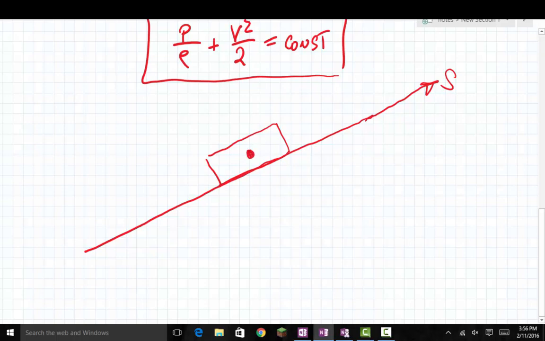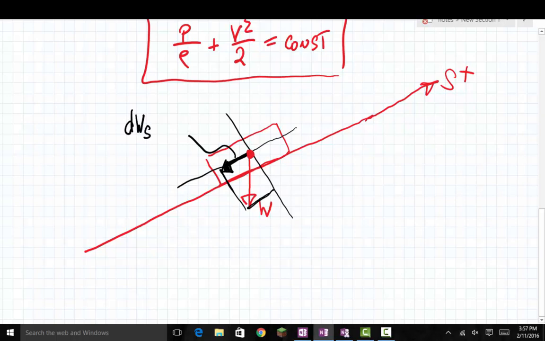If I had a box of a particular weight, W, moving up or down this ramp, in this case the coordinate S is going to be up the ramp, we would find that the weight has two components, one that is parallel and one that is perpendicular to the ramp. What we're interested in right now is how much of this weight is directed up or down the ramp. In this case, this is the component we're looking for. So this is going to be the term dWs.